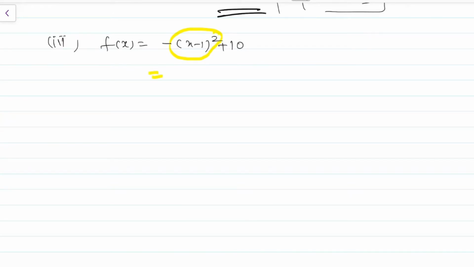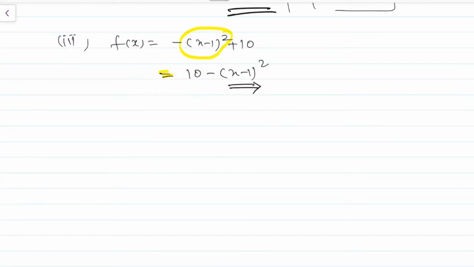So rewriting this expression, we can write it as 10 minus (x minus 1) whole square. The minimum value which we can subtract from 10 is 0. So the maximum value of f(x) will be 10 minus 0, which is equal to 10.